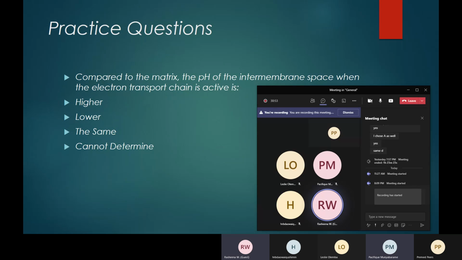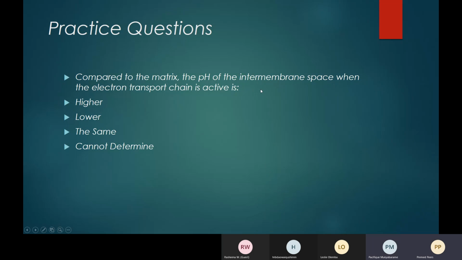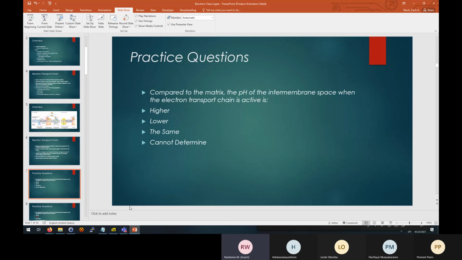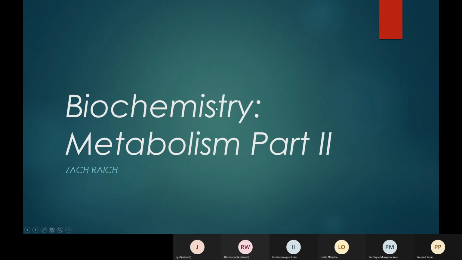The chat is turned off. Can you share the question? Because we can't see the questions. Oh, you can't see the question? Can you see the questions now? Yes. Okay. No. We still see the last screen you had, the overview. Oh, I see the practice questions, and the chat is off.